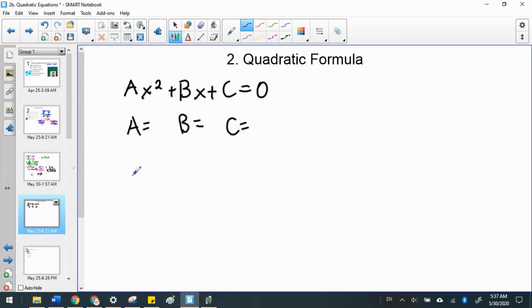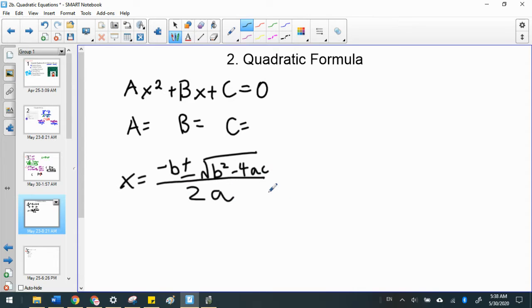Once again, they're the same thing in terms of quadratic equations. You can find the solution by following the quadratic formula of negative b plus or minus the square root of b squared minus 4ac, all divided by 2a.